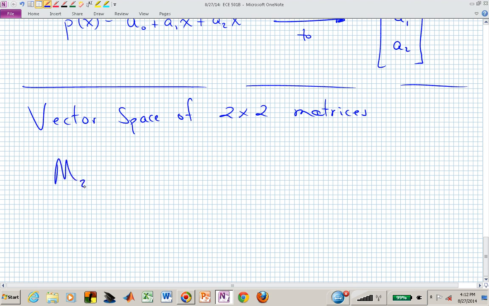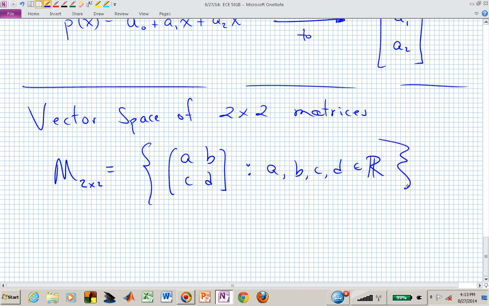So that now M is some 2 by 2 matrix, first row, let's say A B, second row is C D, such that A, B, C, and D, let's say in this vector space, belong to the set of real numbers.